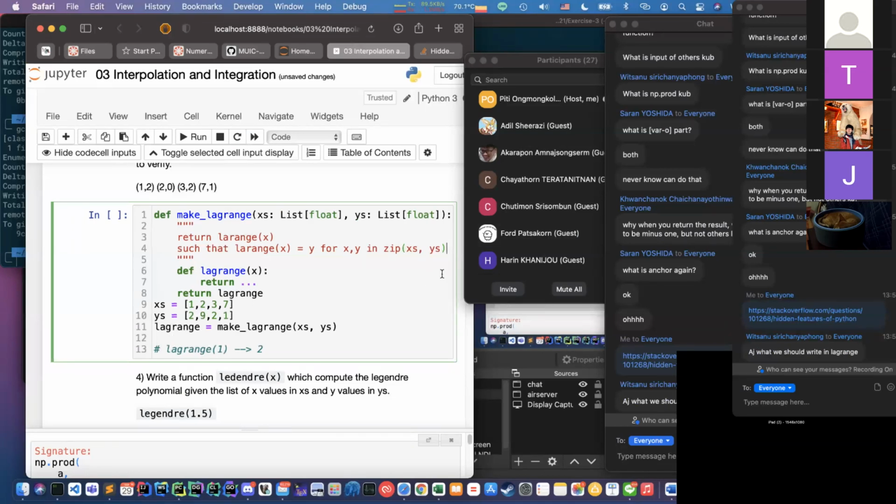That means it comes in pairs, right? So Lagrange 1 should give you 2, Lagrange 2 should give you 0, Lagrange 3 should give you 2, and Lagrange 7 should give you 1. For all the other points you don't really care, except you need to be able to give Lagrange 1.5 as well. Are we good, Vishnu?